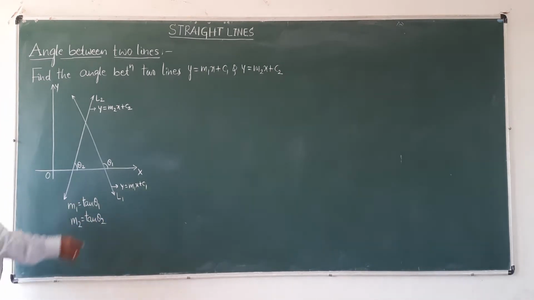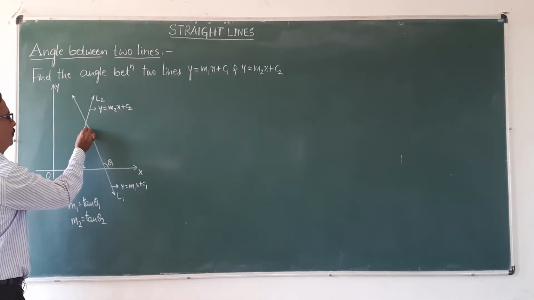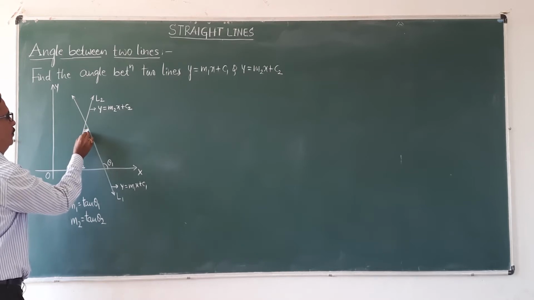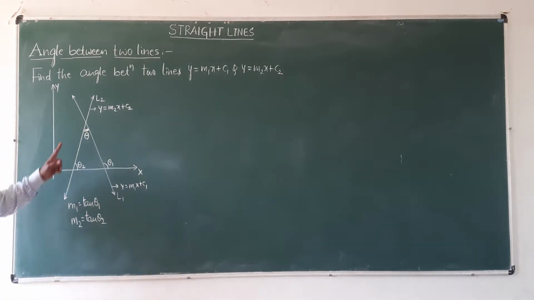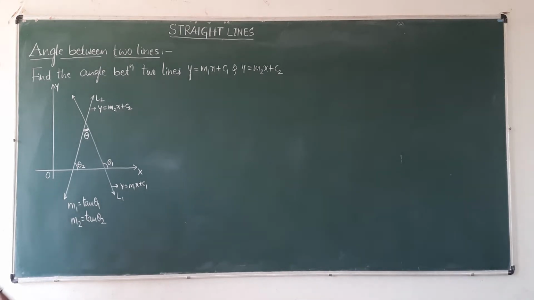Now these two lines intersect at this point. Now the question is to find the angle, which we don't know, so we take it as theta. Let theta be the angle between two lines L1 and L2.